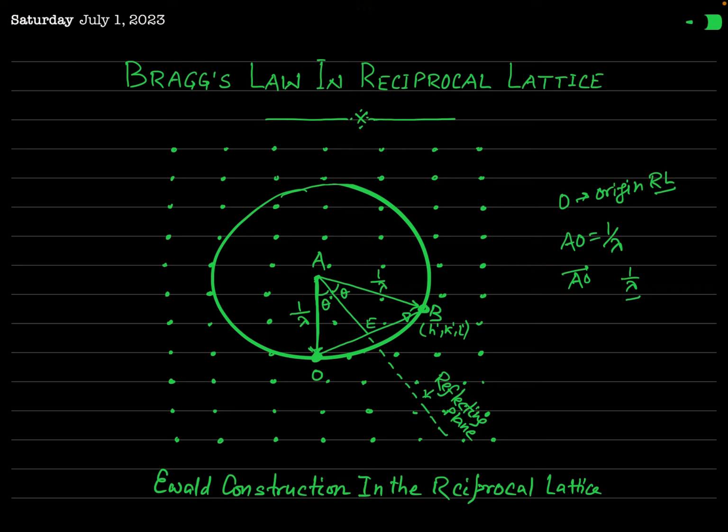And you can see in this figure that there is a point B here, which is lying on the surface of this sphere. Or in other words, you can say that this sphere, which has been drawn by taking A as the center and AO as a radius, intersects some point B of the reciprocal lattice.